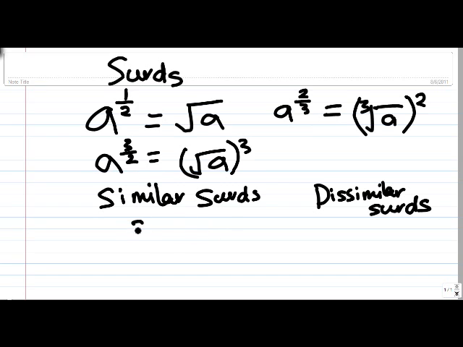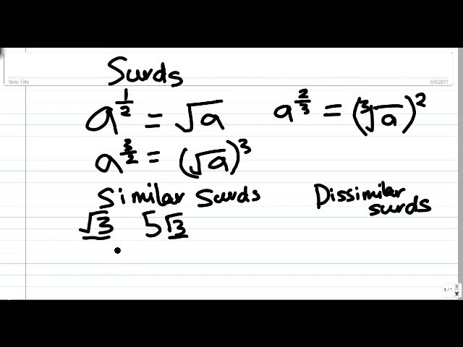Say, square root 3 and 5 square root 3 are similar surds. It's got a common element, root 3.